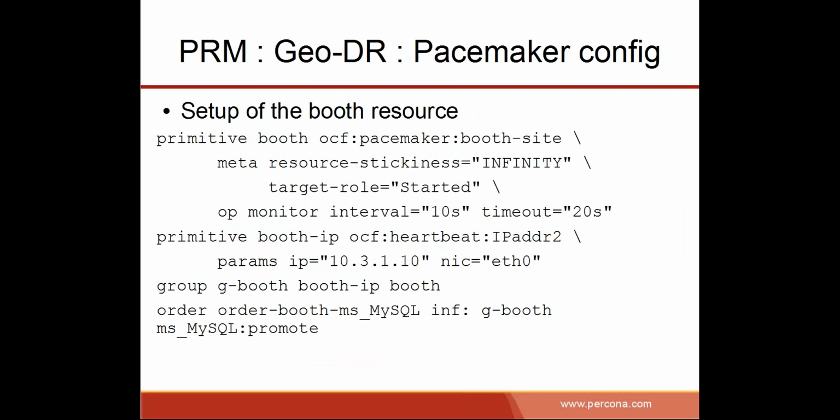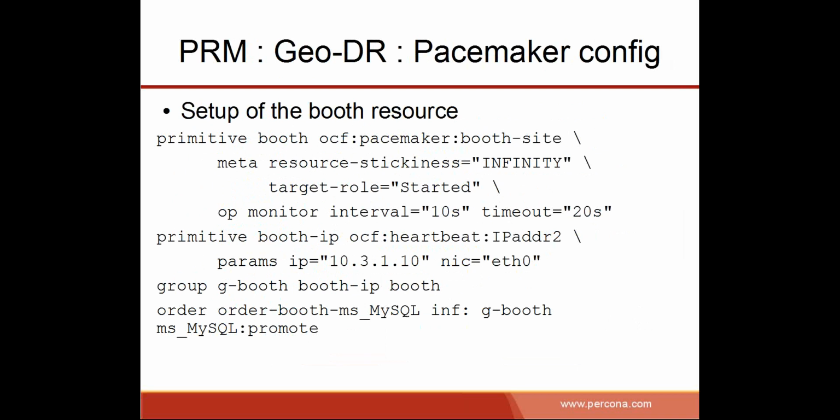So there's a booth resource agent, booth-site. So we define a primitive. We define a primitive also for the booth IP, which for the site we'll be working on will be 10.3.1.10.